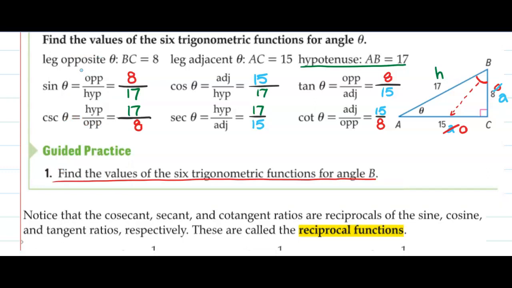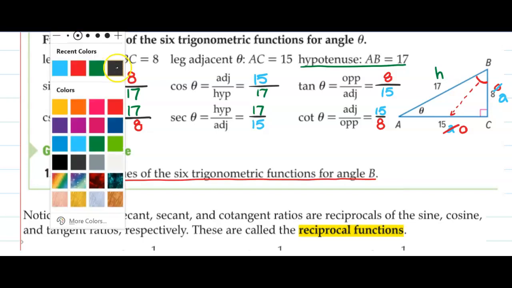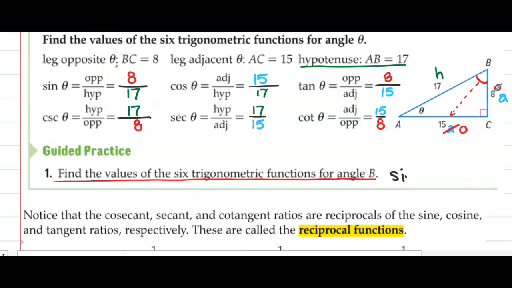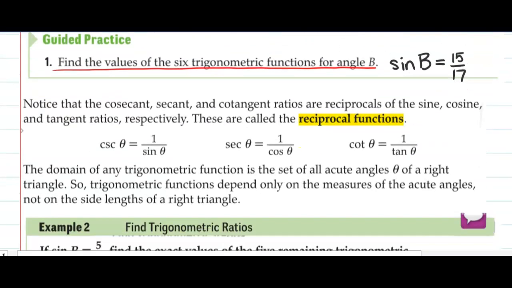So it really depends on where the angle is. That's going to change things. For instance, now, if I take the sine of angle B, up here when we did the sine of angle A or the sine of theta, it was 8/17. Now it's going to be 15/17. It's going to change. All these ratios will change because we have a different reference angle.